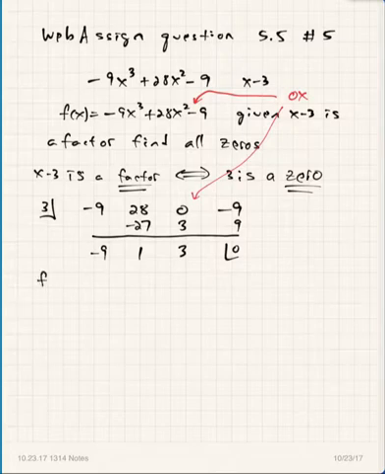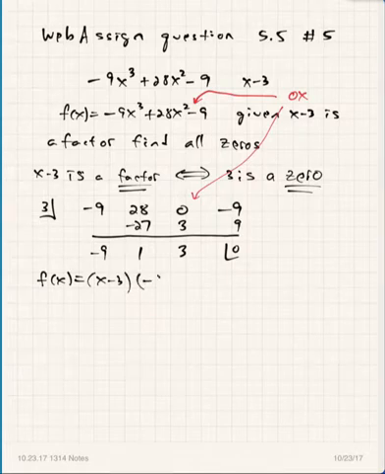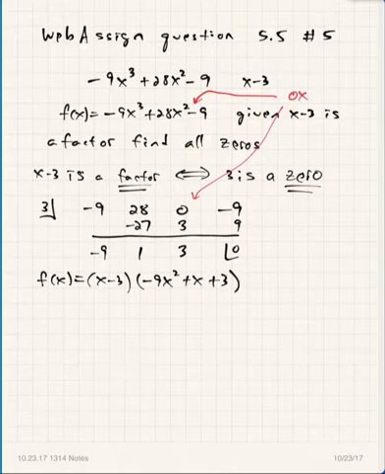So what this means is that x minus 3 is a factor, we already knew that, but we also get the other factor, and the other factor would be -9x squared plus x plus 3. Now you hope that factors, and if it factors, then you can get the other two zeros easily. But this quadratic is not factorable.